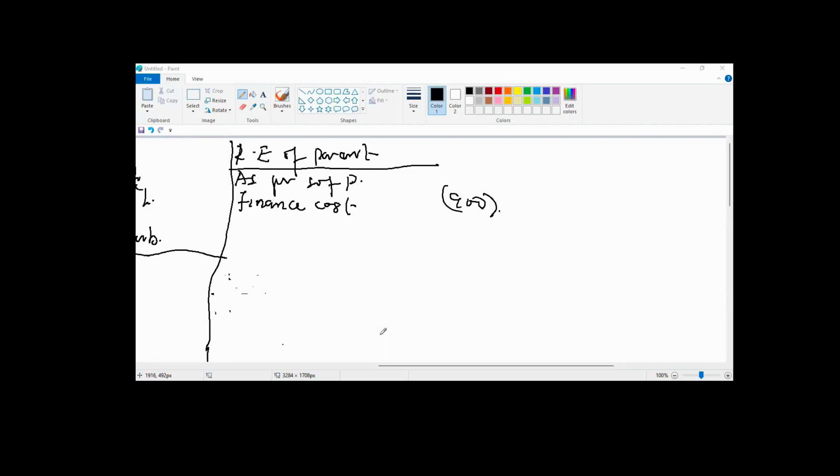What is the return of both the parent and subsidiary as per SOFP, as per statement of financial position?